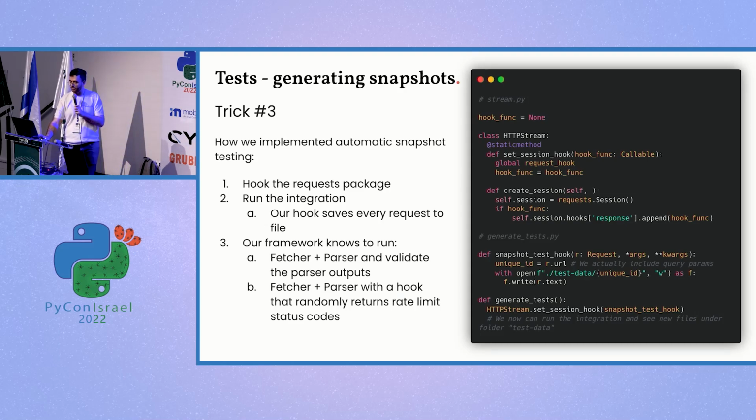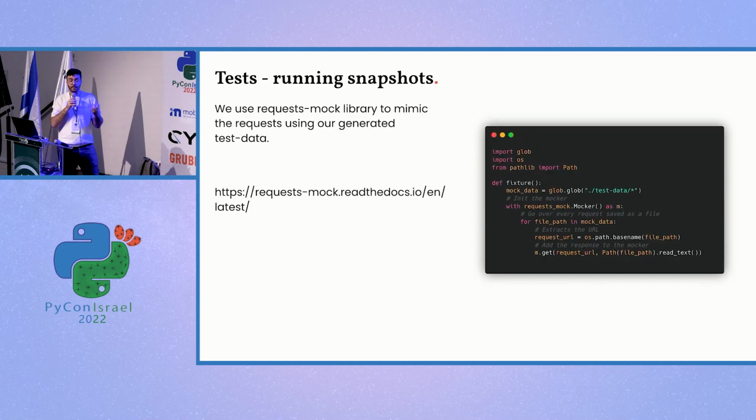But using the request hook that you can see here, we add a function that takes the response and saves it in a JSON file. The nice thing is that if you run our integration with this code, after running, we get a list of JSONs that we can use to mimic the tests. To mimic the tests, there is a really cool package called requests-mock that takes the files, understands the URLs that need to be mocked, and basically runs the tests.